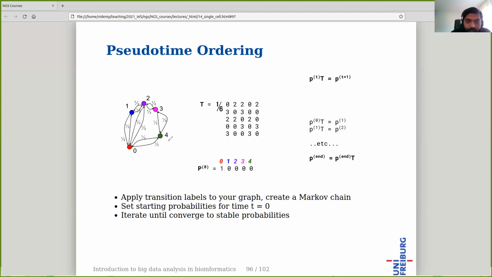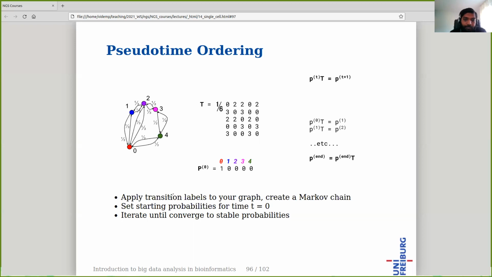So the transition from 0 to 1 is not equal to 1 to 0 anymore. For example, the transition from 0 to 1 is 1/3, compared to 1 to 0 which is 1/2. So 1 to 0 is here, 0 to 1 is here. They have different transition probabilities.